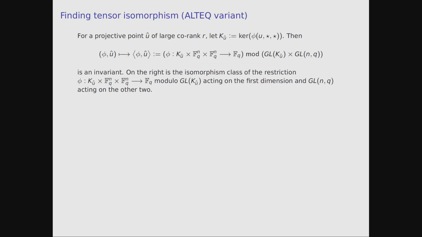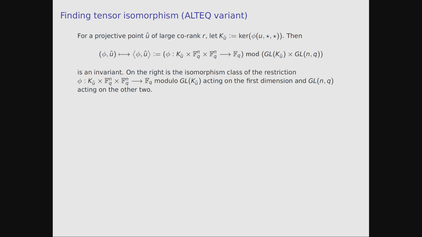Okay, what can we say about ALTEQ? Not as much as in MEDS. So the reason is, one thing I hid in the MEDS discussion is that even going to corank 1 and doing this weird iteration gave us invariants that are sufficiently distinguishing.